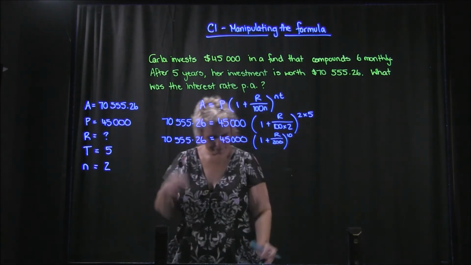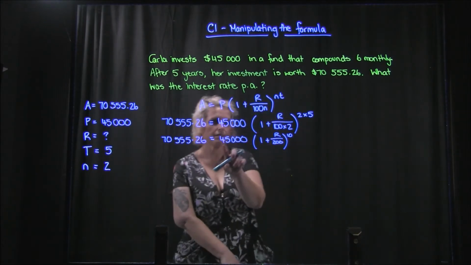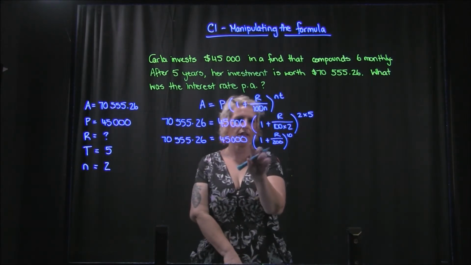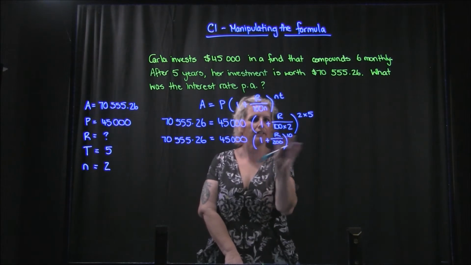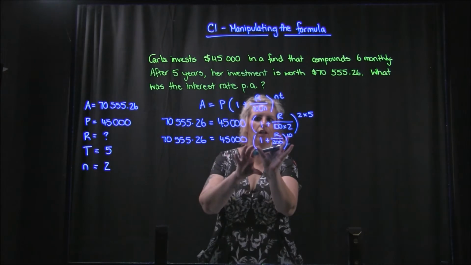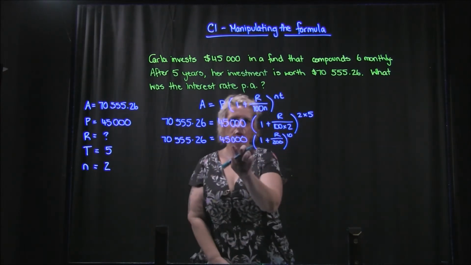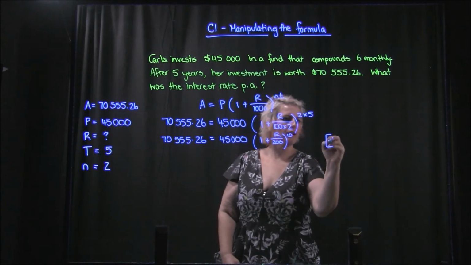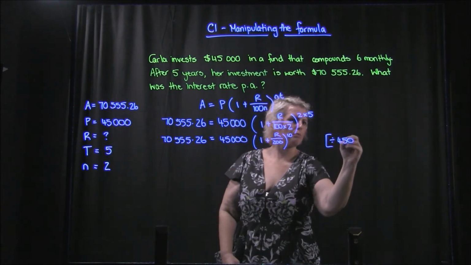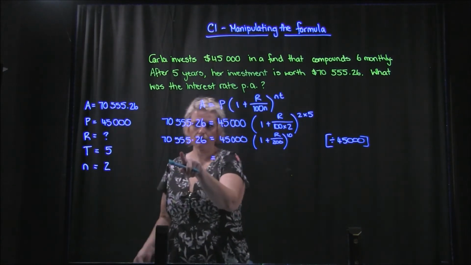2 5s are 10. Okay, so the first thing I'm going to do is get rid of this 45,000 because all of this is in brackets with a 10. I've had to build all the way up to this, and then I've multiplied all of this by 45,000. So I'm just going to do the opposite. To undo that, I'm going to divide by 45,000 on both sides. That will get rid of the 45,000 from here, and I'm going to divide this side.